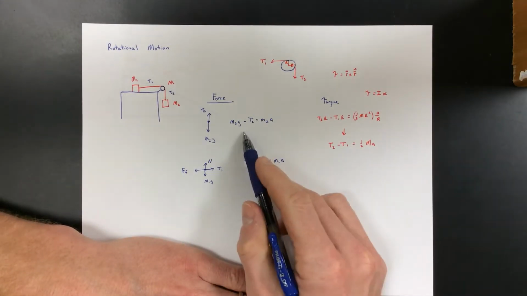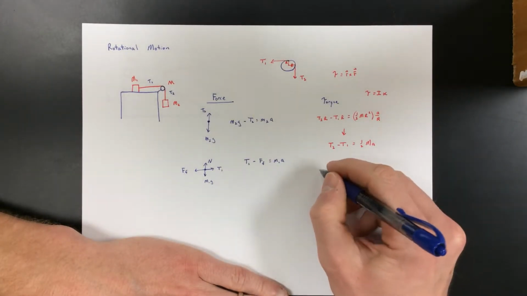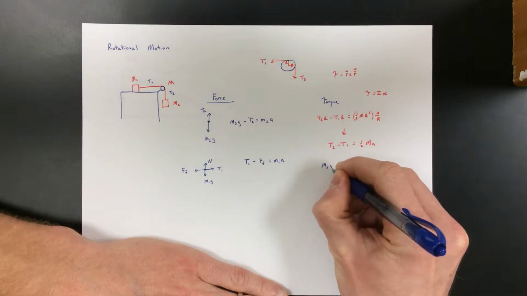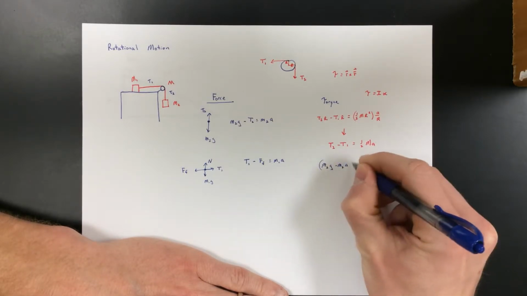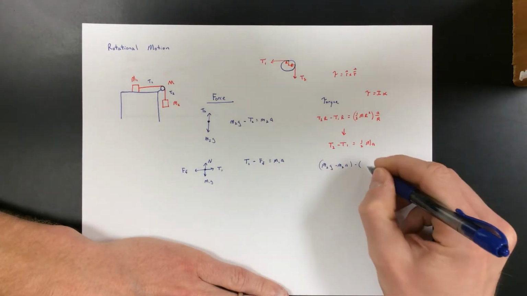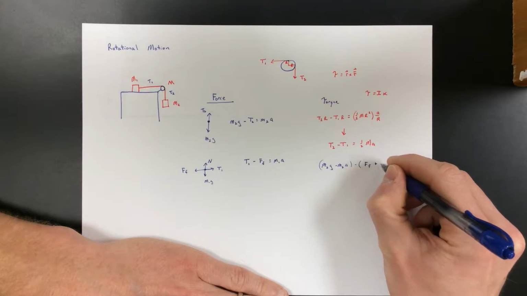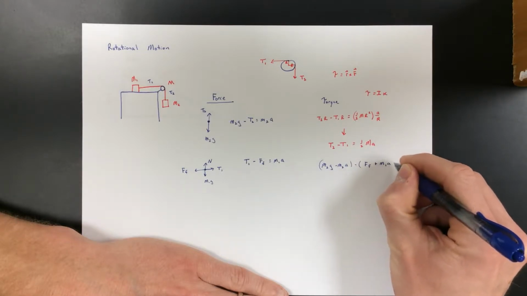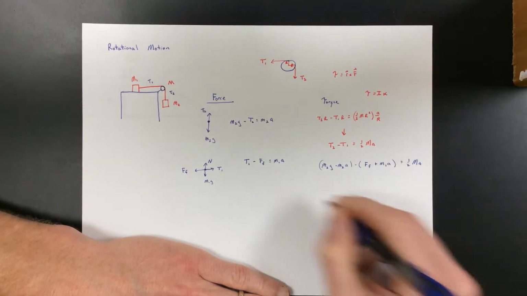If we did that, I can't really show all of the algebra here, but T2, if you move to the other side, would equal M2G minus M2A, minus T1, which is the force of friction plus M1A, and all that's supposed to equal 1/2 capital MA.